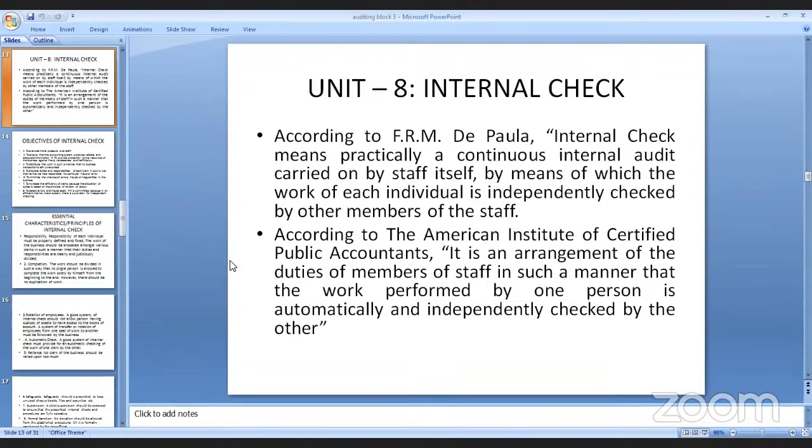For example, the work done by the production department employees and workers will be checked by the production manager, the head of the department. In the same way, each department's activities will be monitored and managed by their individual department heads. So internal check is part of the internal audit.